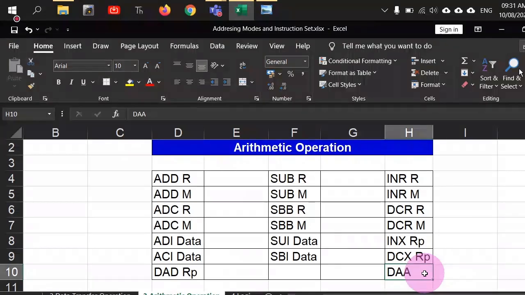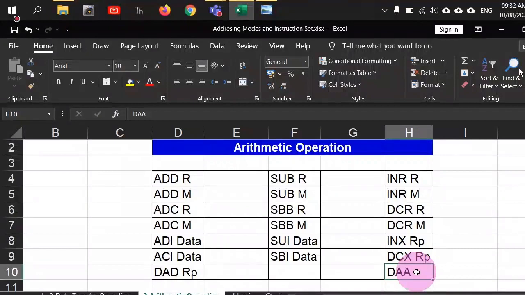Yes, sir. So binary coded decimal numbers are essentially the binary equivalents of any number in 4-bit format, right? So whatever result you receive in the accumulator, if instead of seeing that in hexadecimal format, you want to see that in BCD format, then this DAA command is used. Decimal adjust the accumulator. So the decimal BCD number will be shown instead of the hexadecimal equivalent, right?